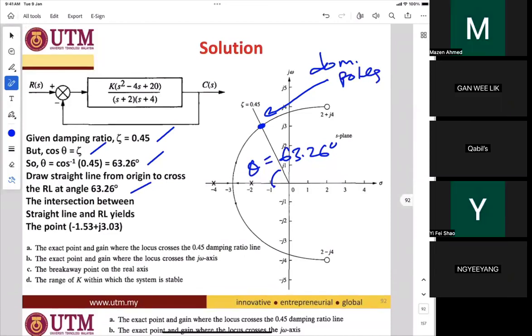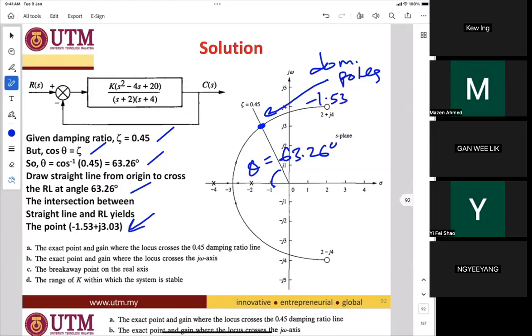What is the value over here? What is the dominant pole's value over there? Negative 1.53 plus J 3.303. Okay, thank you.